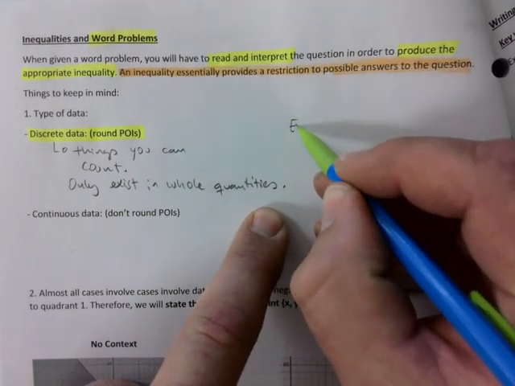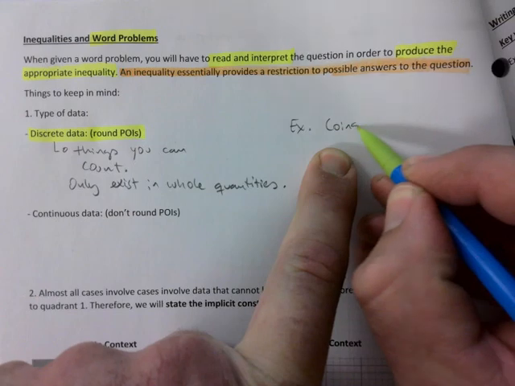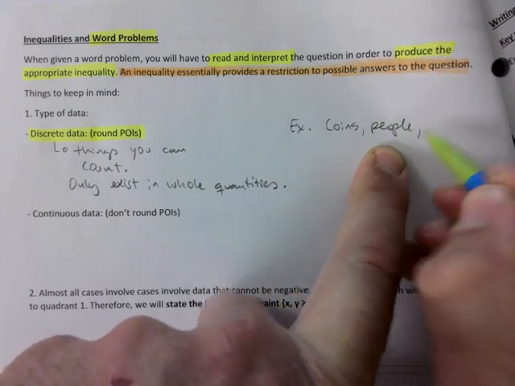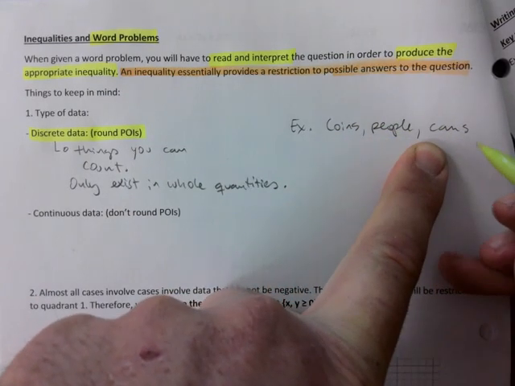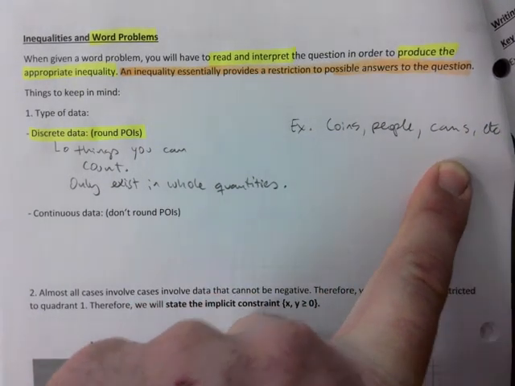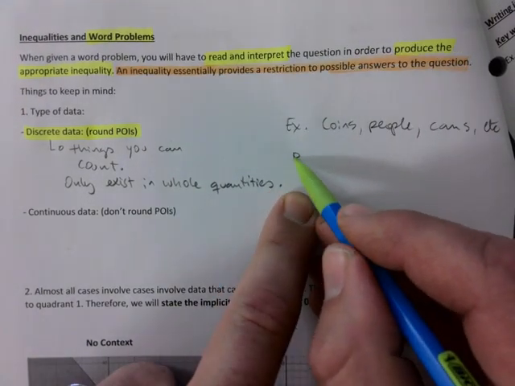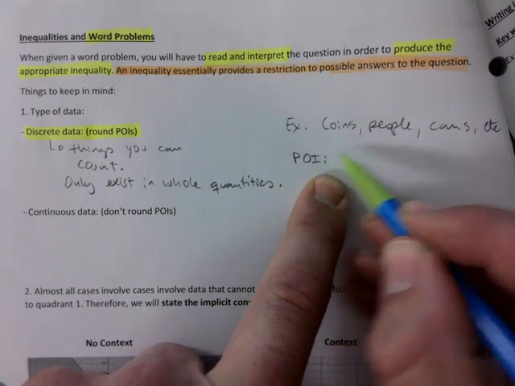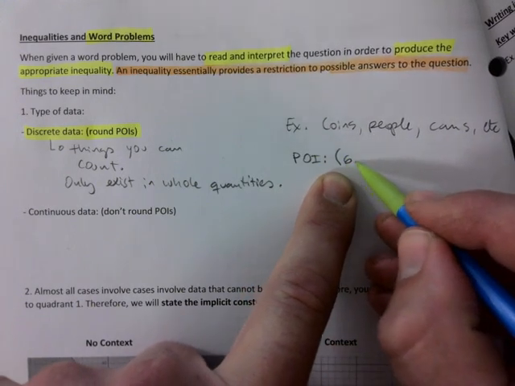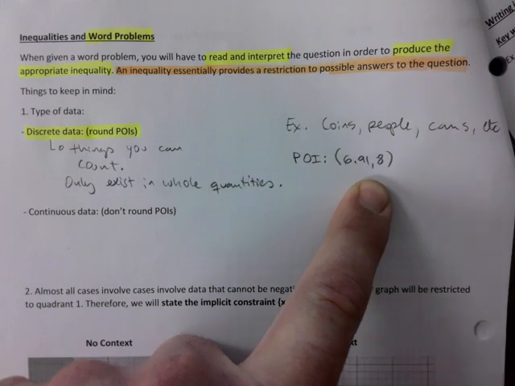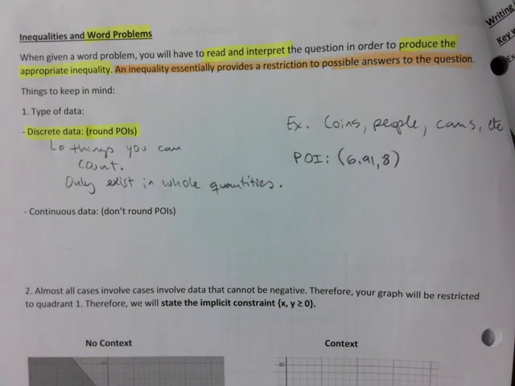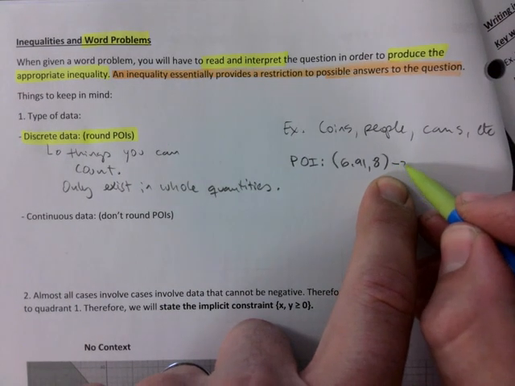So examples would be coins, people, cans, etc. Whenever you see something like that, you need to round your POIs. For example, if you use your calculator and you come up with a POI that's 6.918, and that represents number of people or number of cars, something that only exists in whole quantities, we will round.